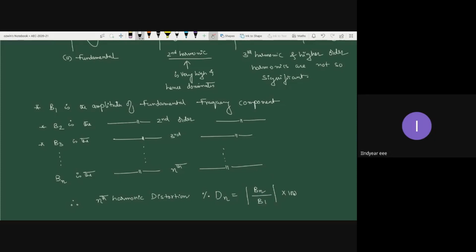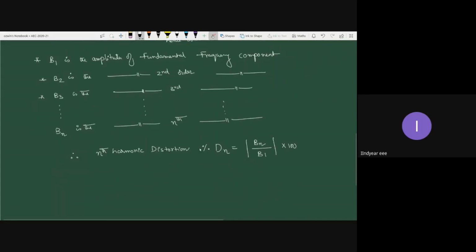This is how we calculate the harmonic distortion. So for nth harmonic distortion, it is the ratio of the amplitude of the nth order frequency component to the fundamental amplitude.